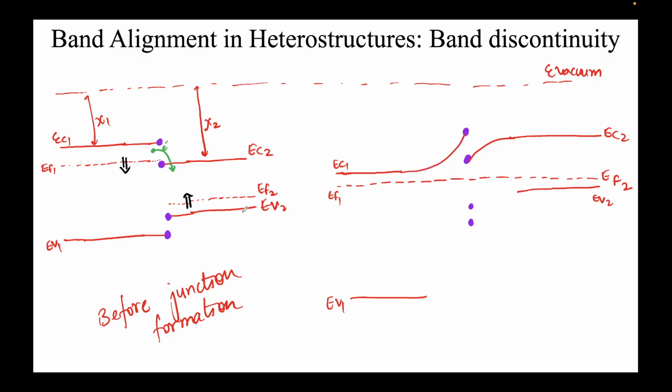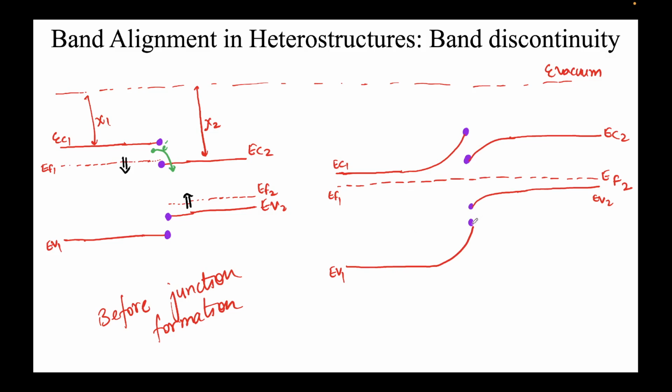And the third point was corresponding to EV2, so let's do that, EV2. The fourth point was corresponding to EV1. I've drawn EV1 a bit too far away, so let me correct this, because the bending will be the same for whatever is for EC1, the same will be for EV1, because the material has not changed.